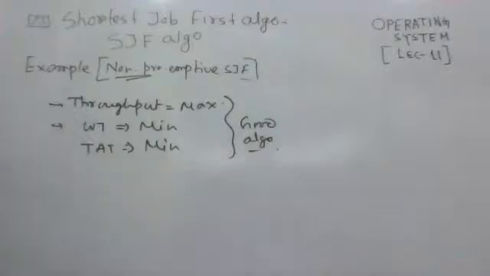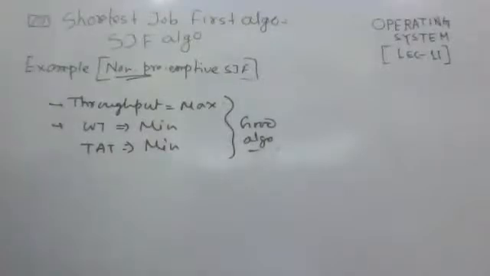But the problem is it is not implementable, because the burst time of a process cannot be known ahead. How can we say the burst time of process P1 is 5 units, burst time of process P2 is 7 units, and so on? So this is impractical.